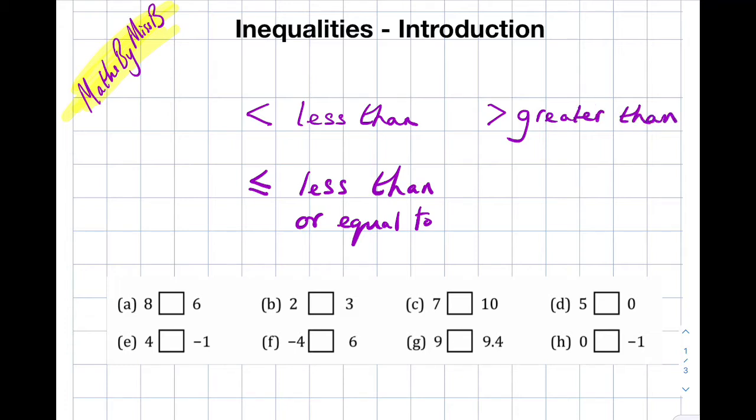If you've got a sign like that again, but with another line underneath it representing the equal to, that's known as greater than or equal to. Okay, so that's the first thing. You need to be able to read these signs and understand what they mean.